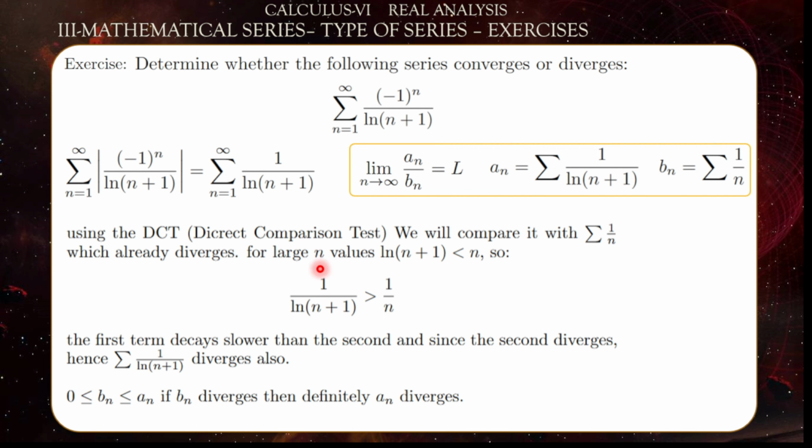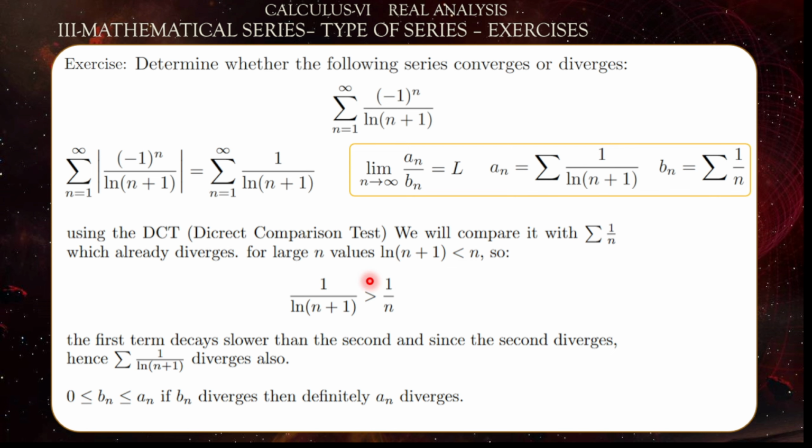Hence, 1 divided by ln of (n+1), which is the inverse, is greater than 1 over n. Since we have this fact, if 1 over n diverges, then what is bigger than that, the other sequence 1 divided by ln of (n+1), also diverges.